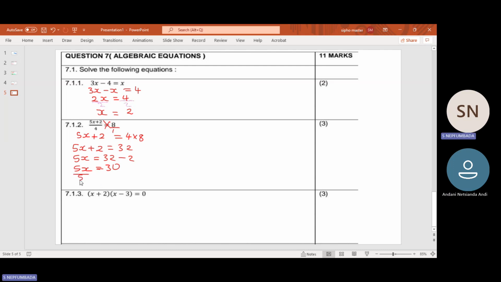Yes. Then we divide both sides by 5. Then our x is equals to 6. Then we're done. So on this one, it means the first one is equals to 0, or the second one is equals to 0. Therefore, it means we've got x equals to minus 2 or x equals to 3.